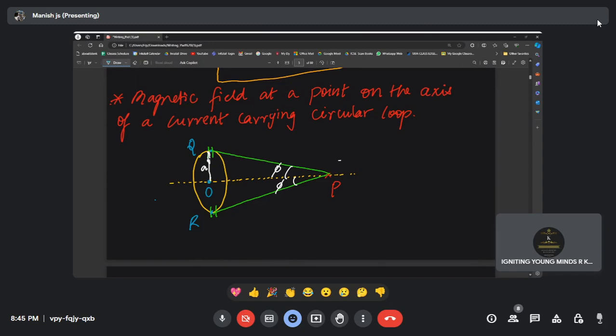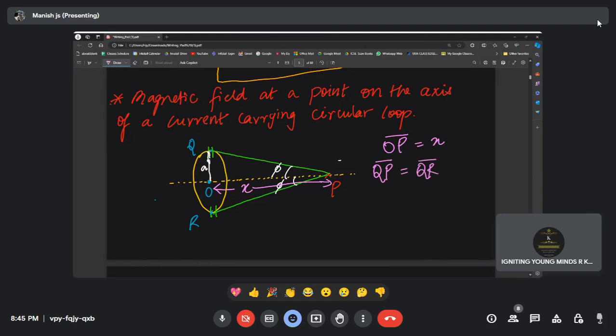When you try to find out the magnetic field at this point P, before that you need to find the lengths, which I didn't give you. So let's represent the lengths also. From O to P, let's take that length as X. So OP is equal to X. Then what about QP and QR? QP and QR would be the same, right?